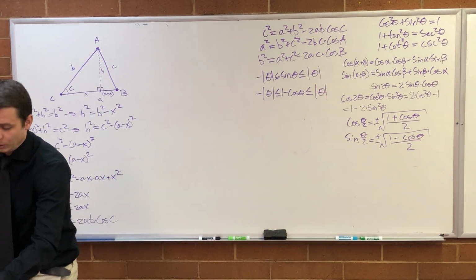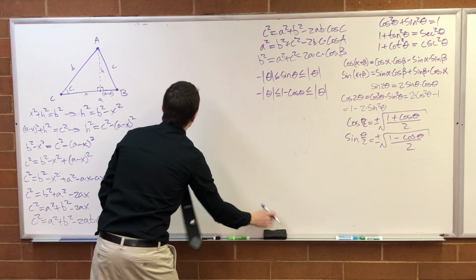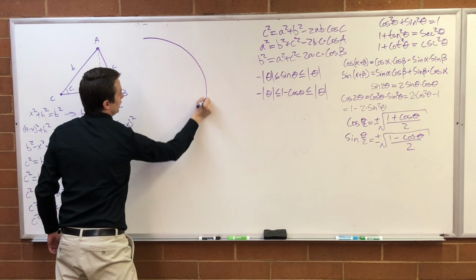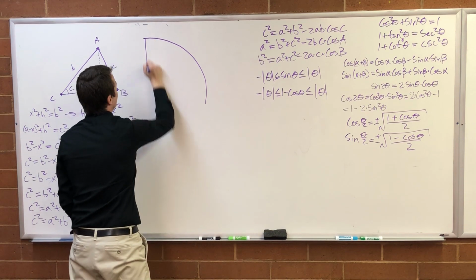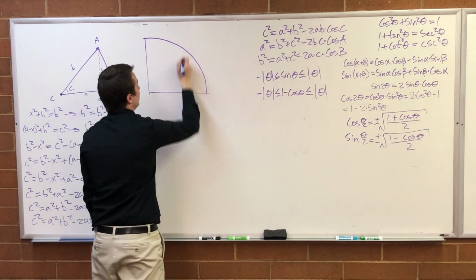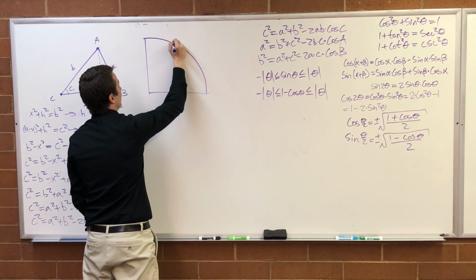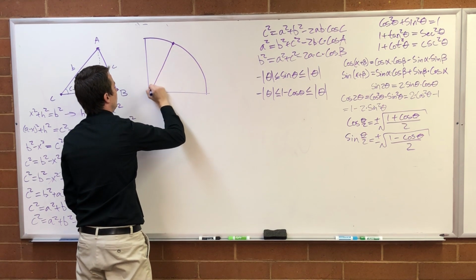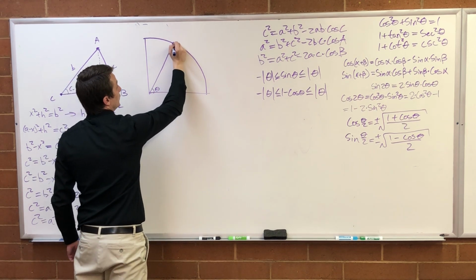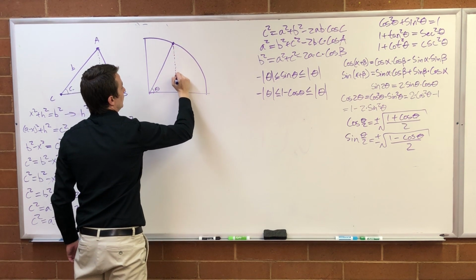So those are the two inequalities, and you can see this pretty easily on a picture. So try and draw just a quarter of a circle again. Very roughly, pick some random point on there, doesn't really matter where. Here's the angle we're talking about. Here's our phi. Now, this distance right here.